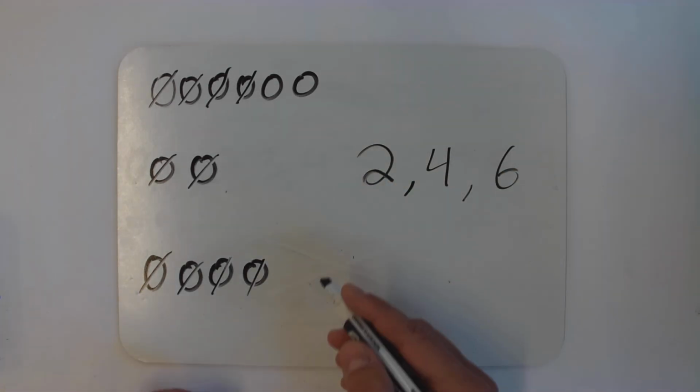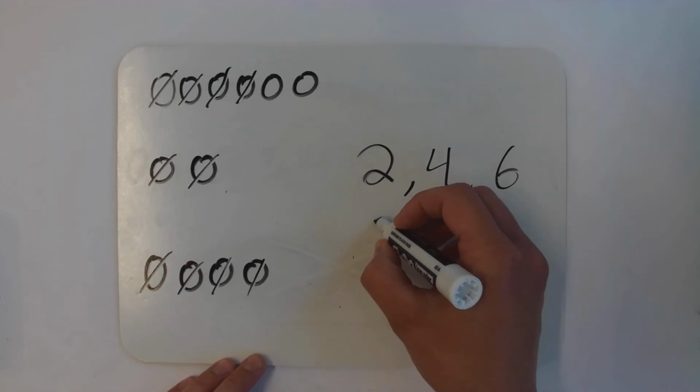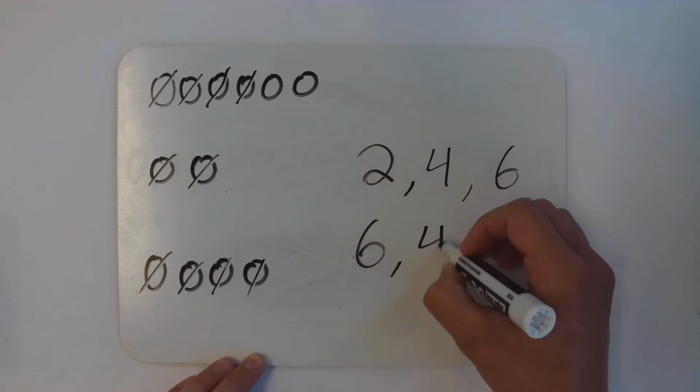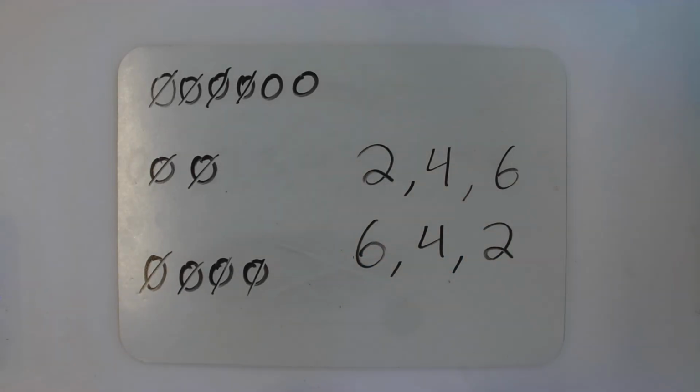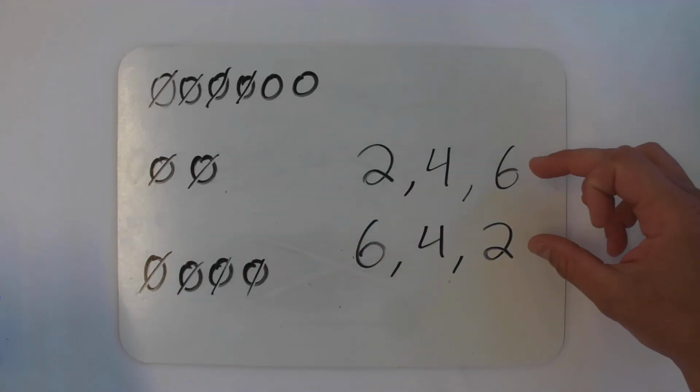Generally, if we want to order from least to greatest, or from greatest to least, we'll use comma separated lists. So again, for the concrete model, one you can use is unifix cubes or connecting cubes. The representational model is some kind of drawing that aligns with that. And the abstract model for ordering is some kind of comma separated list.